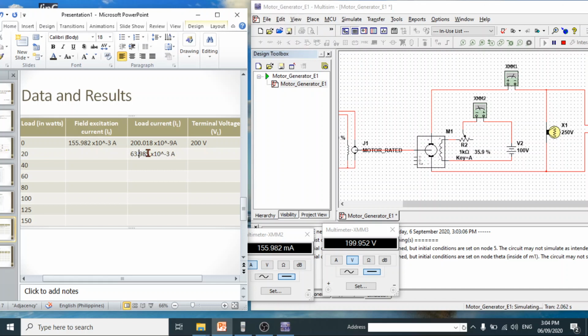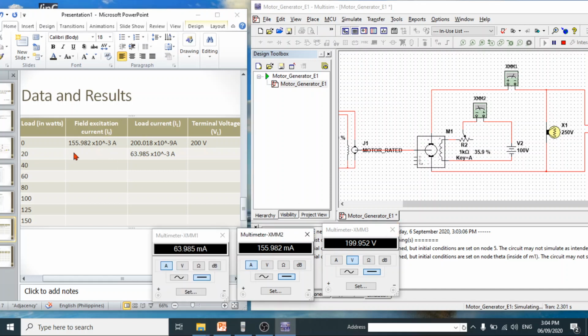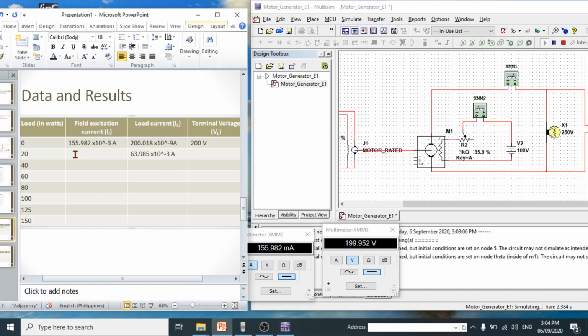For the field excitation current, meter 2 reads 155.982 milliampere, and then the terminal voltage is 199.952.